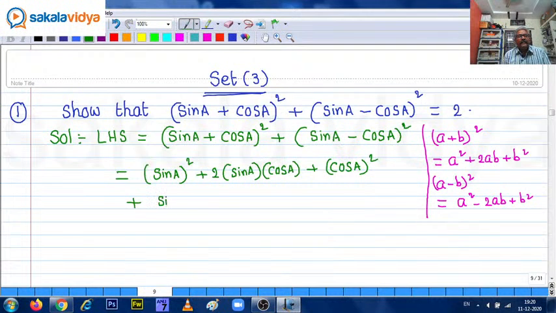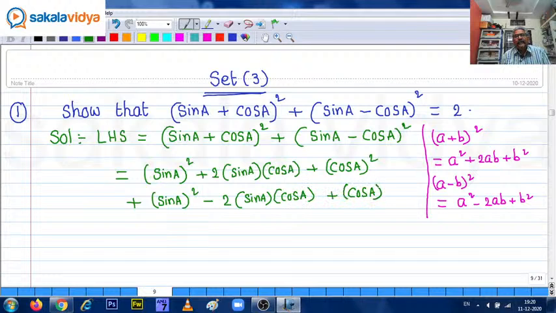So that can be written sin A whole square plus this is minus 2 times sin A cos A plus cos A whole square we can write it. So let us simplify to get the answer.